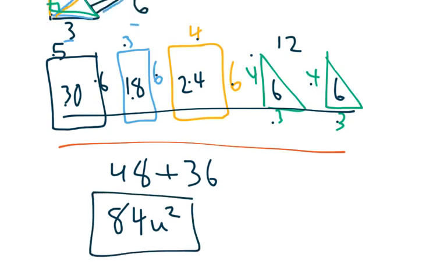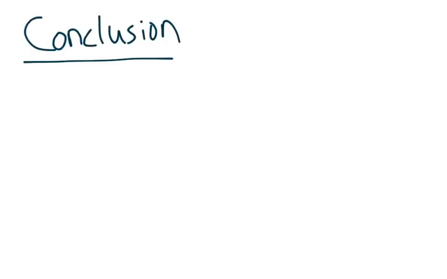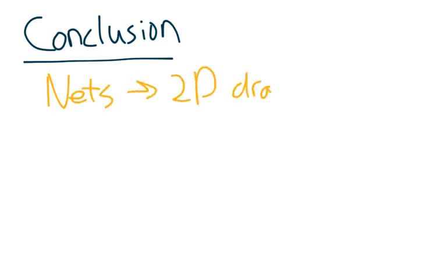So let's wrap everything up with a quick little conclusion. First thing, let's talk about nets. A net is a 2D drawing of a 3D shape. And if we open up these 3D shapes into 2D drawings, we've turned this into a composite area problem, or a compound area problem.